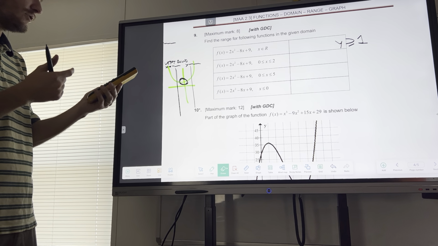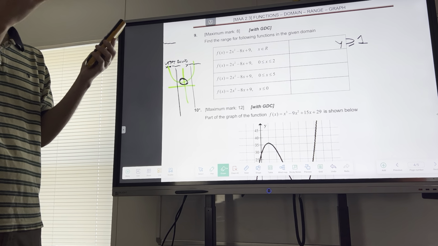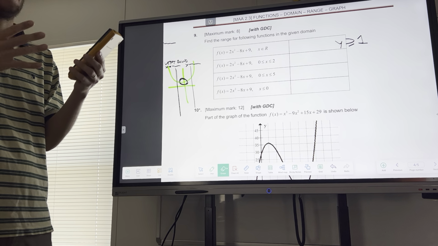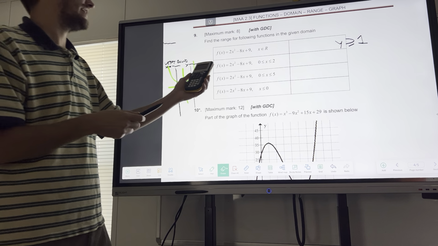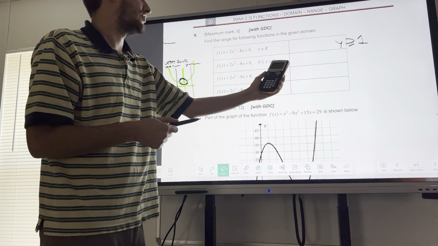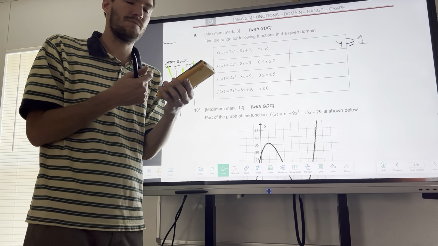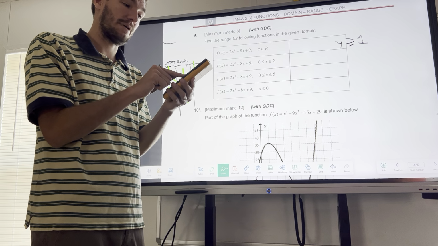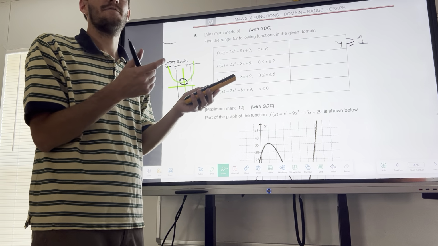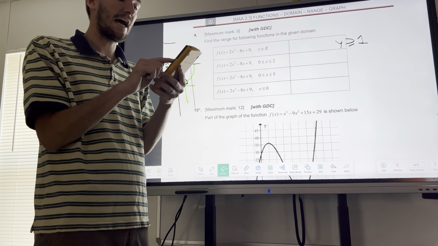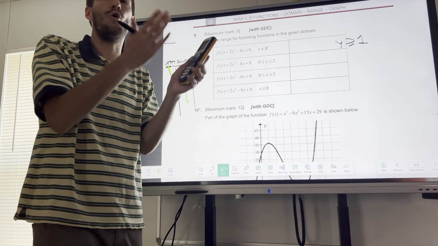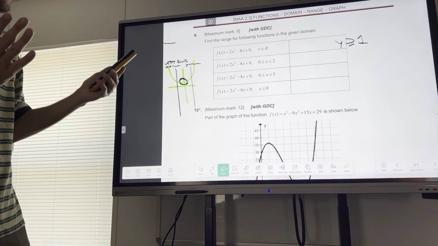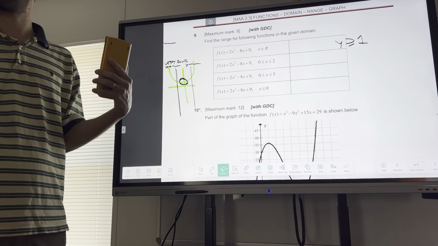If you press the window button, you can change what your graph shows, kind of like Desmos, how you can scroll around. So when it says from 0 to 2, if you press window, you can change that from 0 for the x minimum to 2 for the x maximum. And now when you press graph again, it's only going to show you that graph from 0 to 2.